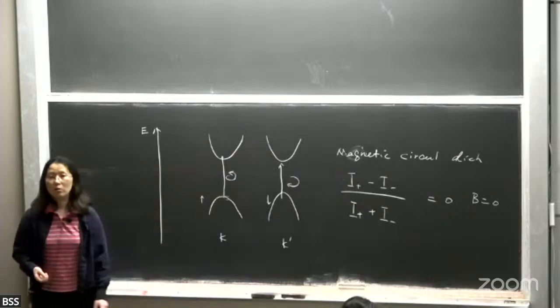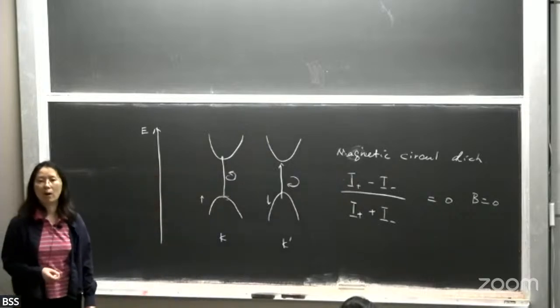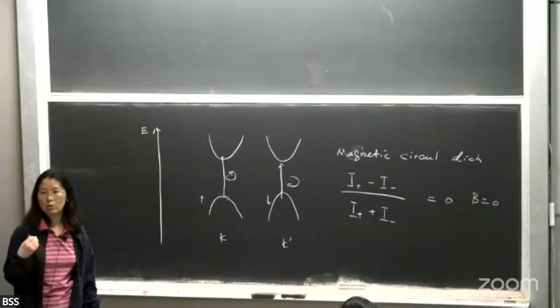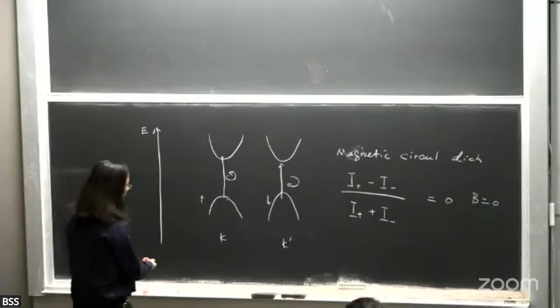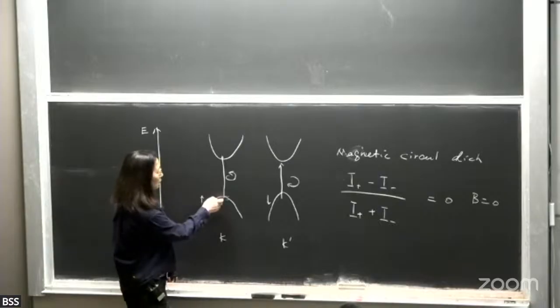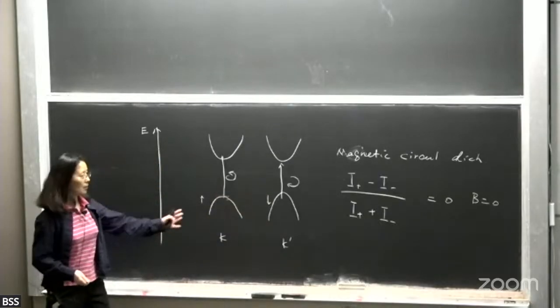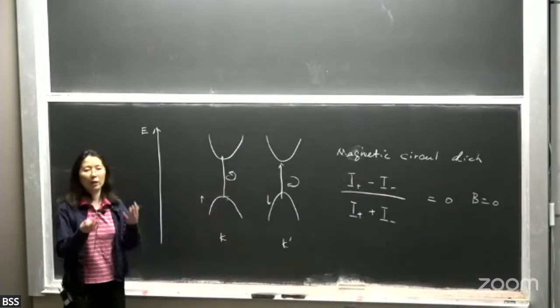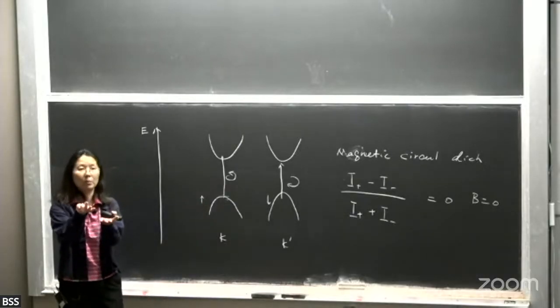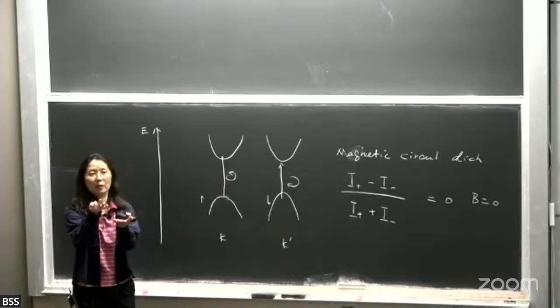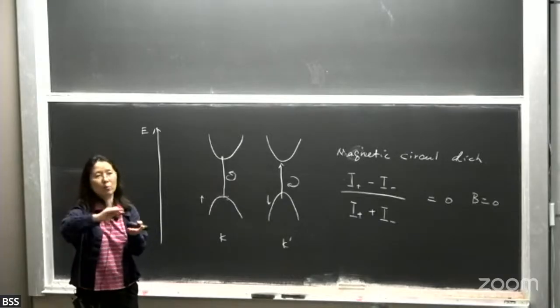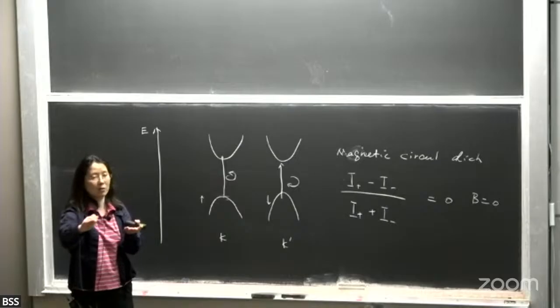But now I'm going to apply a very small magnetic field to measure the susceptibility, right? So in that case, the K and the K prime valleys will be tilted because we apply an out-of-plane magnetic field. I mentioned that there's no response to the in-plane magnetic field because of the Ising spin.